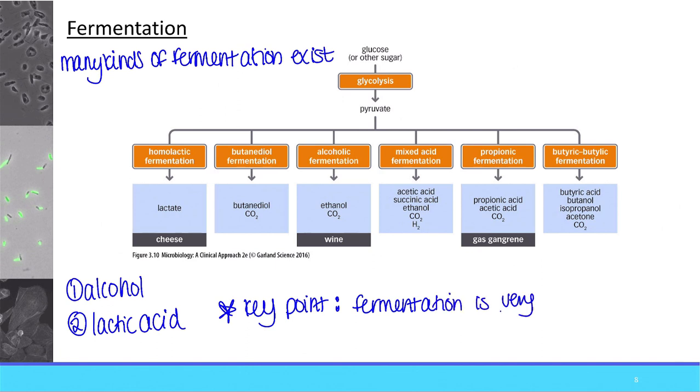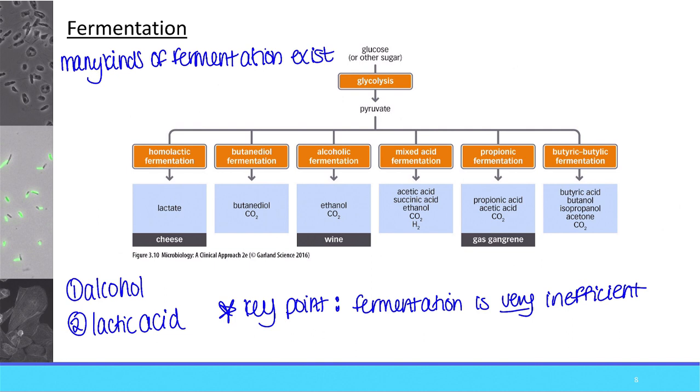is very inefficient. Whereas in aerobic and anaerobic respiration, for the most part, we tend to get a lot of ATP formed. It's a pretty robust process and it's pretty efficient. Fermentation, as we will see, not so much. We don't get a lot of energy management molecules.